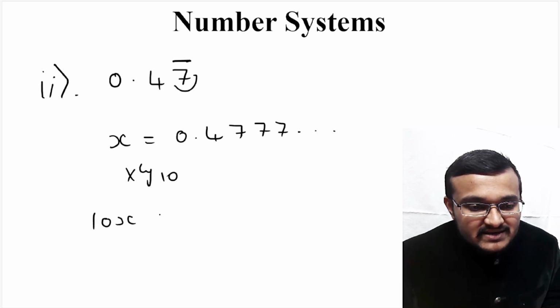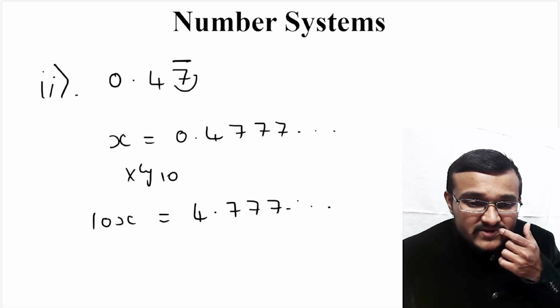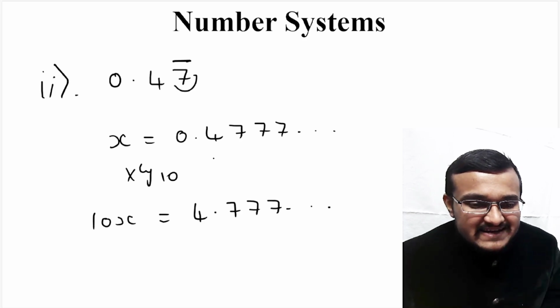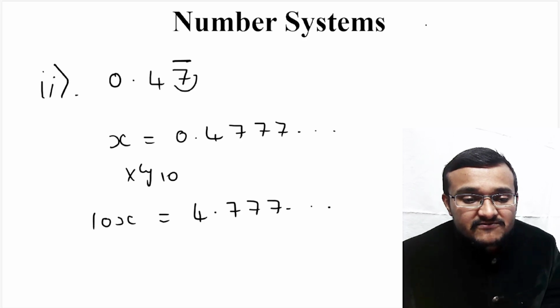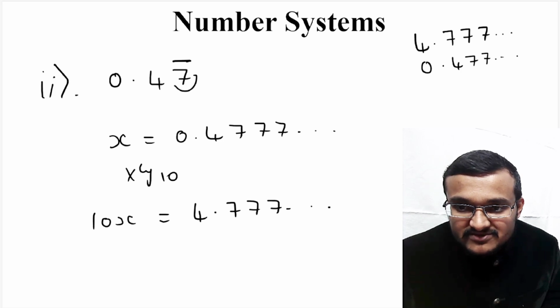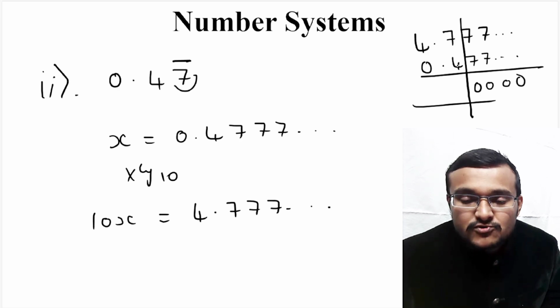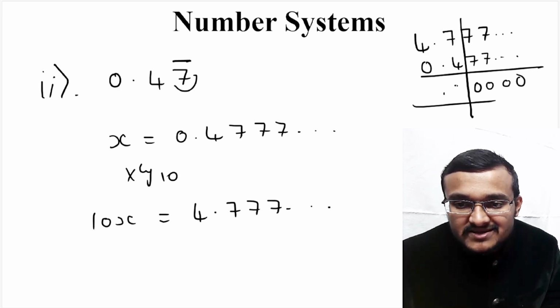So 10x is equal to, when you multiply 0.4777 with 10, it will become 4.777, like this. Now you can just subtract x from this particular 4.777. If you subtract 4.777 and so on with x, that is 0.477777, all these values will become 0. 7 minus 4 is equal to 3.